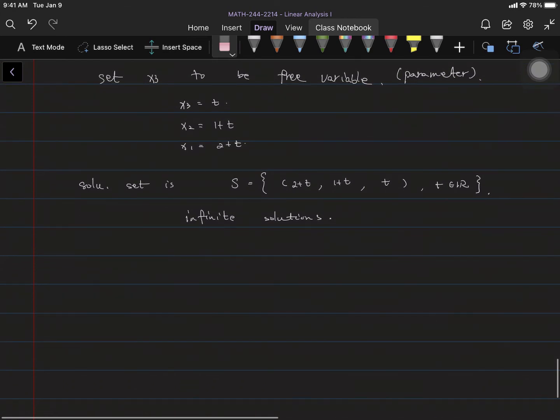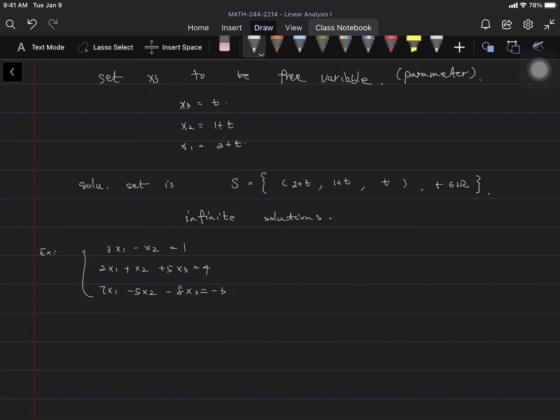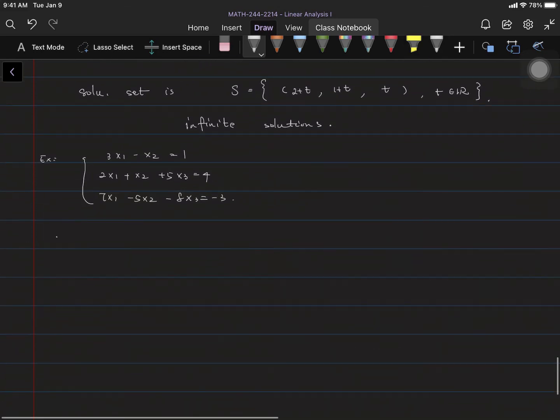Now let's take a look at this exercise problem. 3x1 minus x2 equals 1, 2x1, 7x1. Let's write down the augmented matrix. So it should be 3.